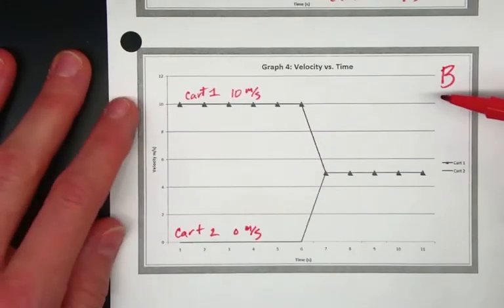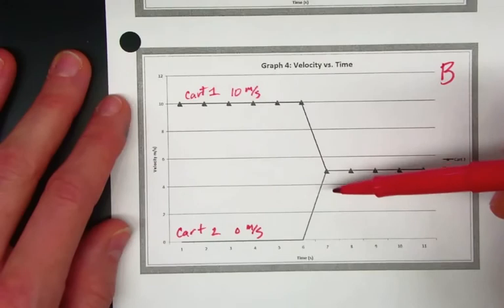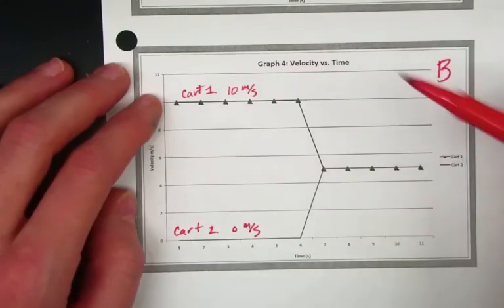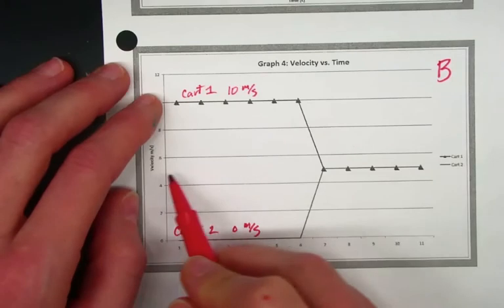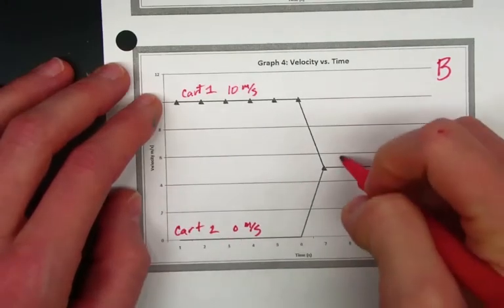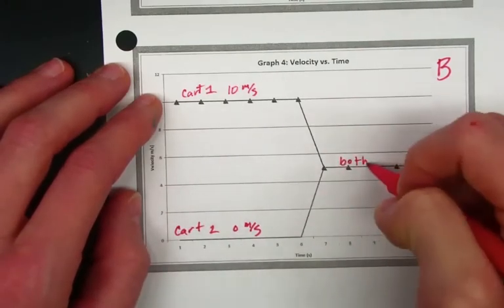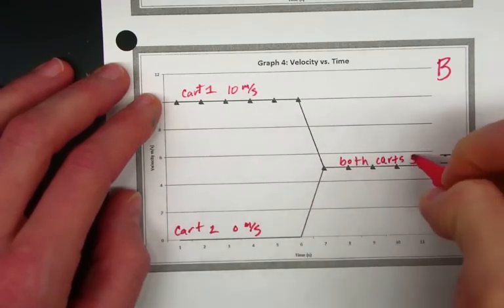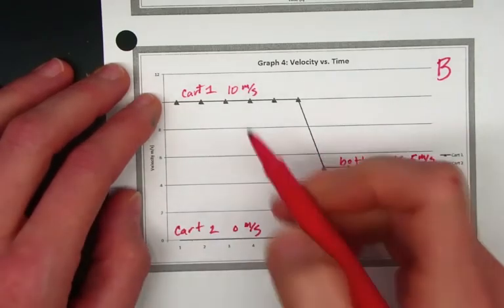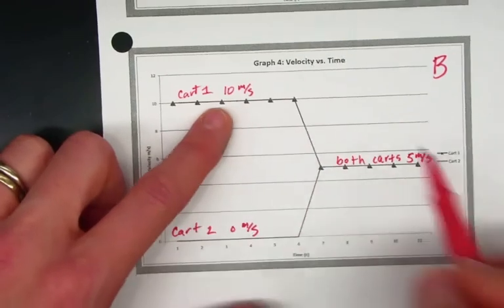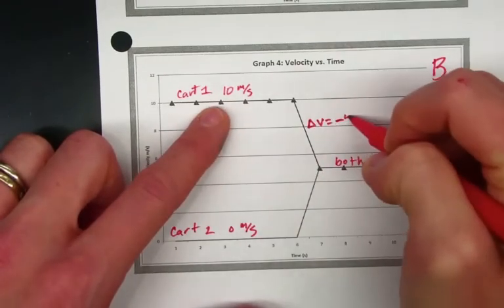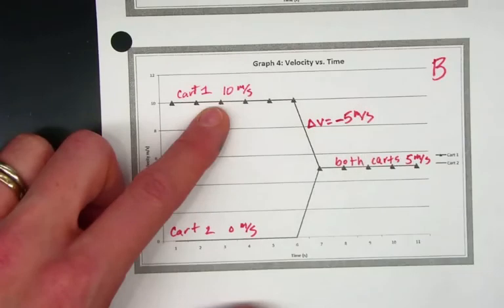Let's take a look at this one. So for graph B, let's look at their change of velocity here. So I started at 10, right? And then their new velocity, so both carts are now at 5 meters per second. So I'm going from 10 to 5. So my change in velocity here, I'm losing 5 meters per second.